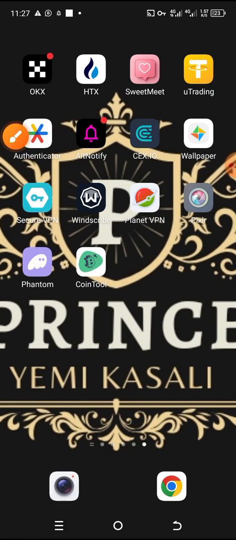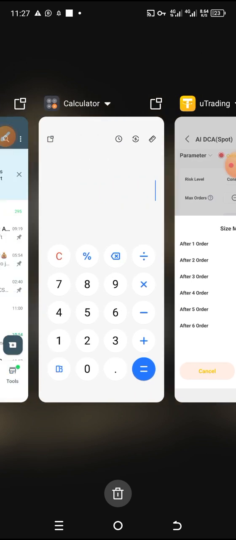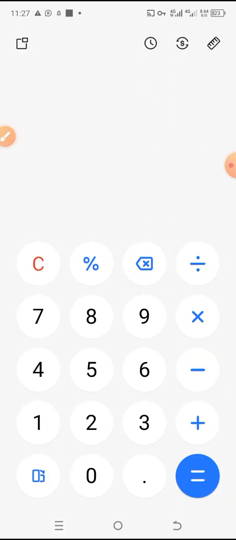Let's check the calculator. So we have the first one, let's say we bought 10, times 1.5. So the next buy will be 15, then 15 times 1.5.